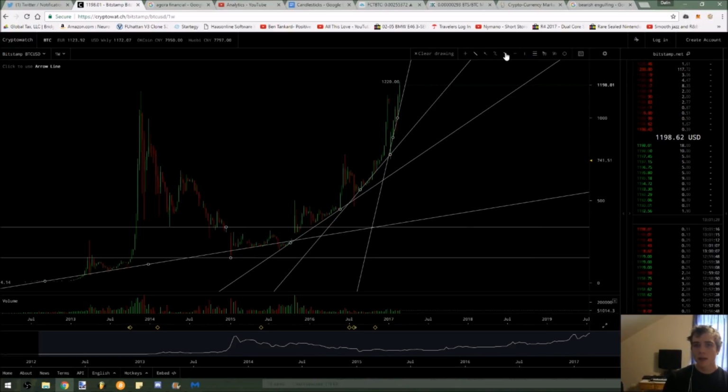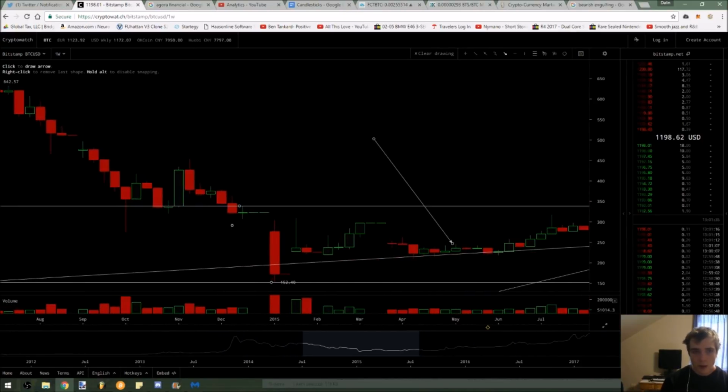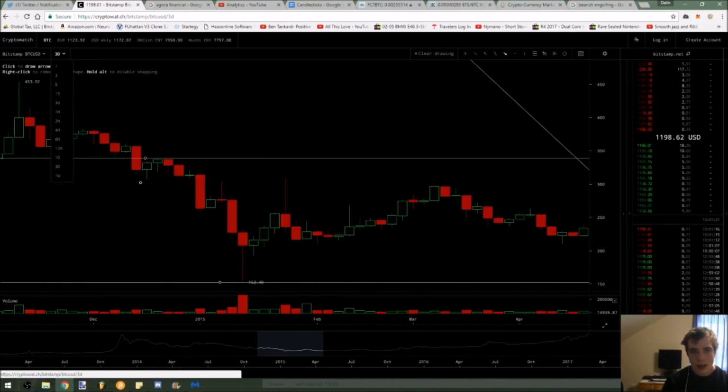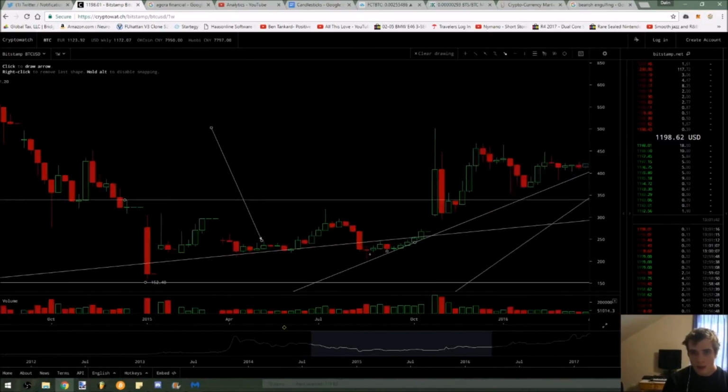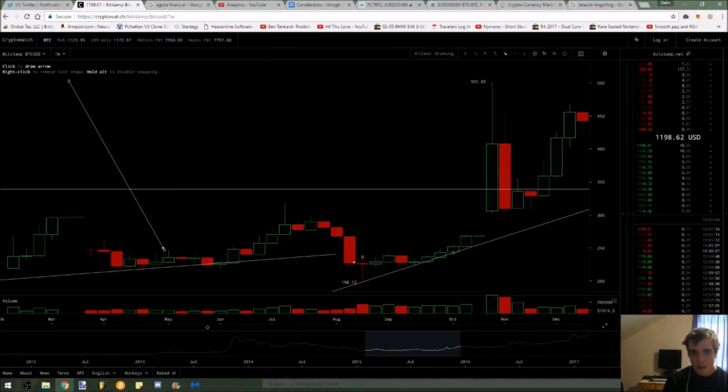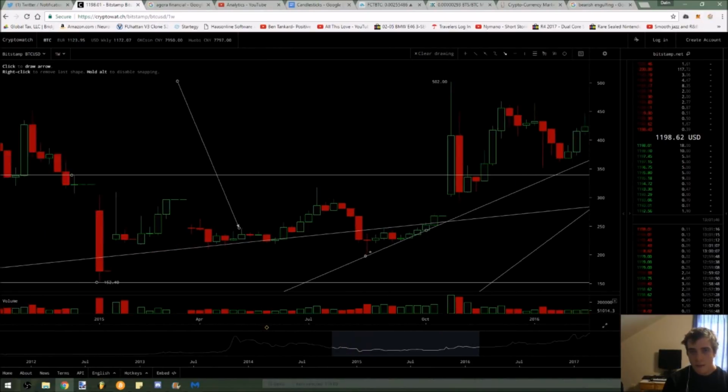You want to make sure that you get in at a nice reversal of a trend. Like this was a reversal pattern in Bitcoin, where we saw, let me go to the 3 days, our huge buy signal. Right here was a huge buy signal. That's a bullish engulfing.